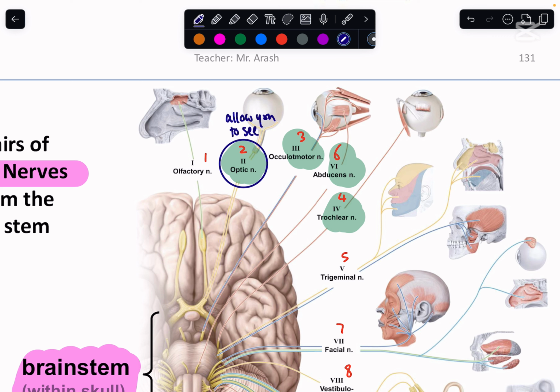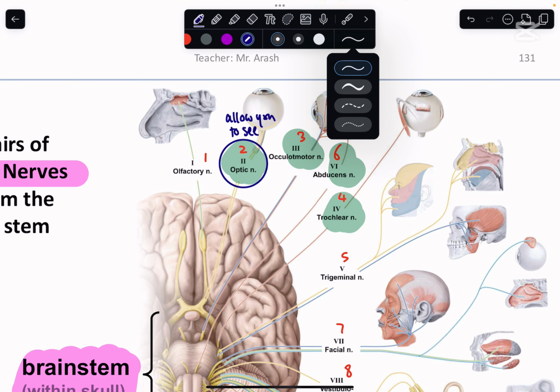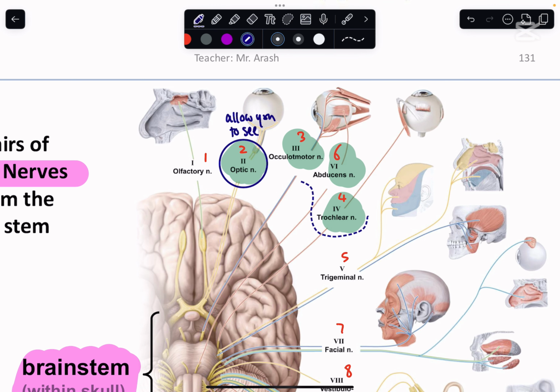You follow? Guys, the third, fourth, and sixth, 3, 4, and 6, those allow your eye to move. Eye movement.